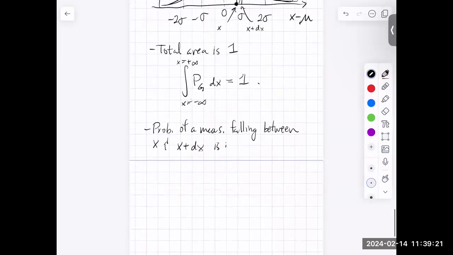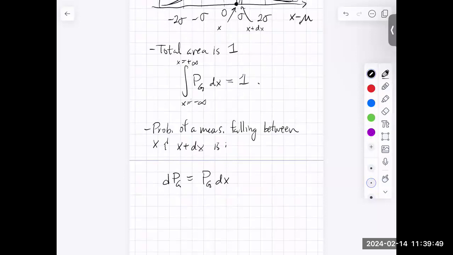Okay, so it's just going to be that infinitesimal probability would be the probability distribution, or the Gaussian distribution, times the width of that interval. So this is only valid for an infinitesimal little dx, where I can approximate that area as being like a thin rectangle.